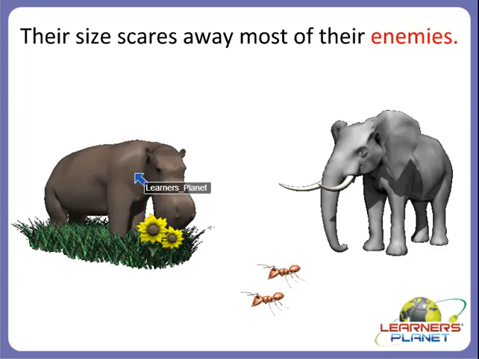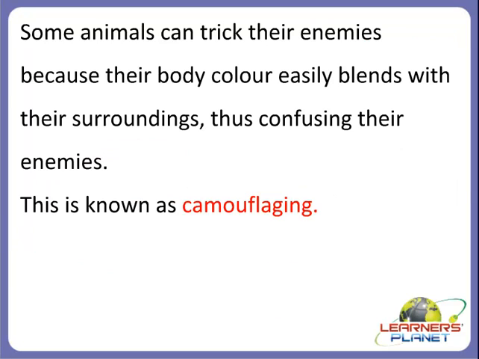So these are animals that are very huge in size, and because of their size, most of the enemies get scared. Then some animals can trick their enemies because their body color easily blends with their surroundings, right?